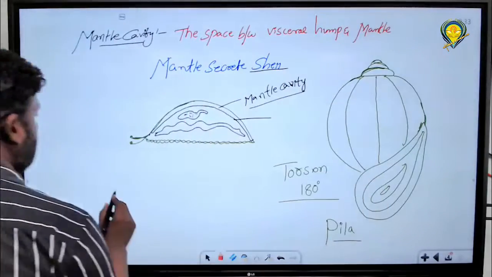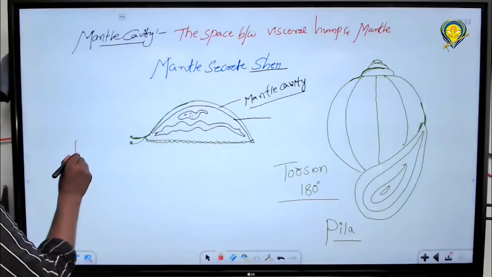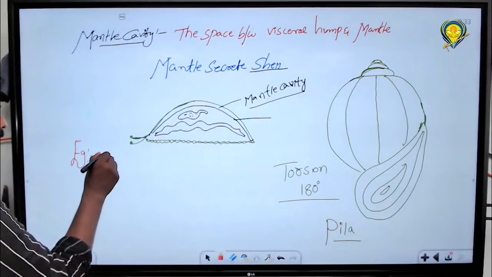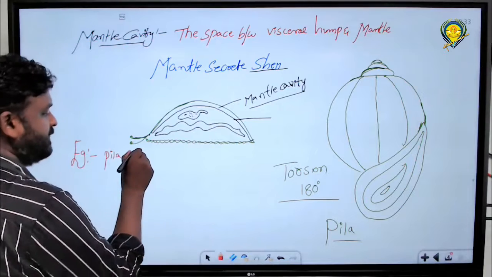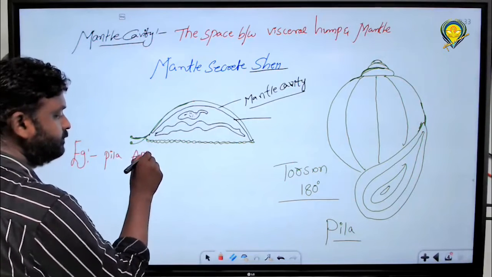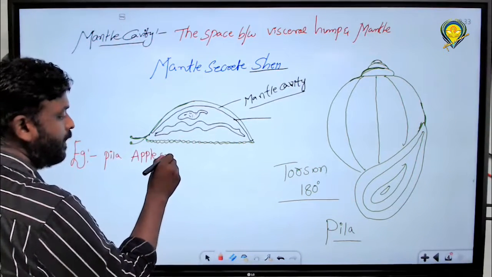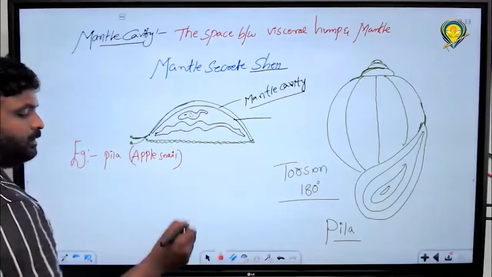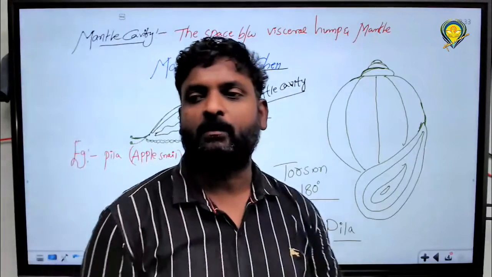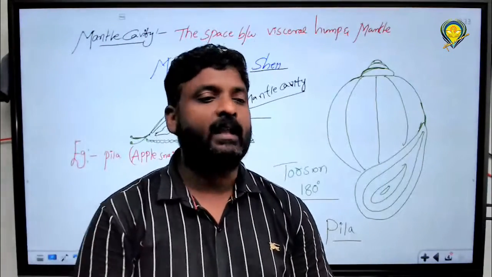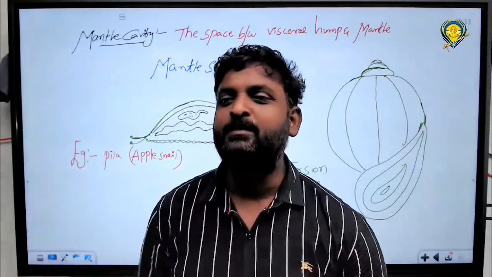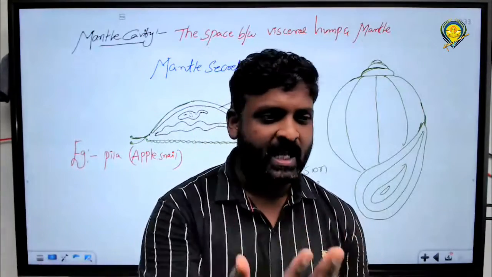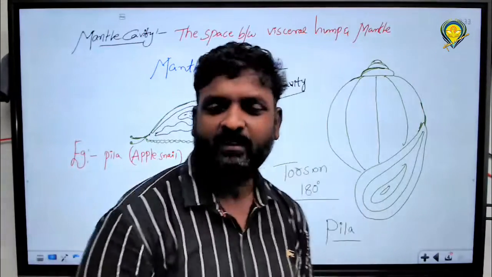The first one, please write it: Pila globosa, freshwater snail, also known as apple snail. Everybody has to note it, because even in the last NEET examination they asked about common names.